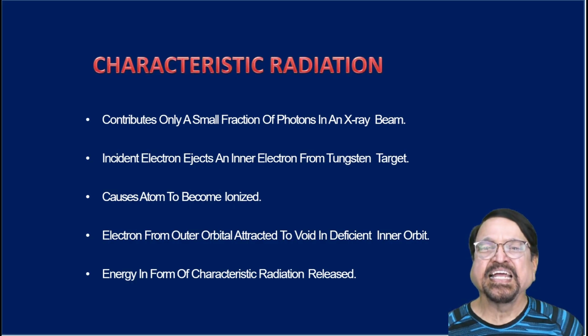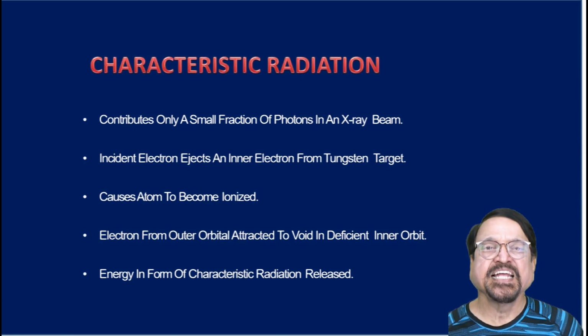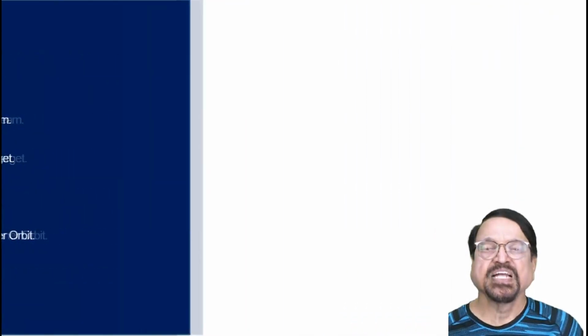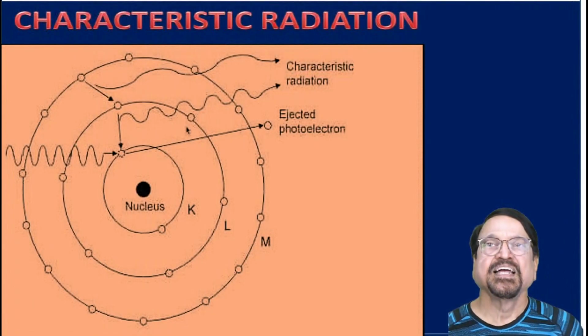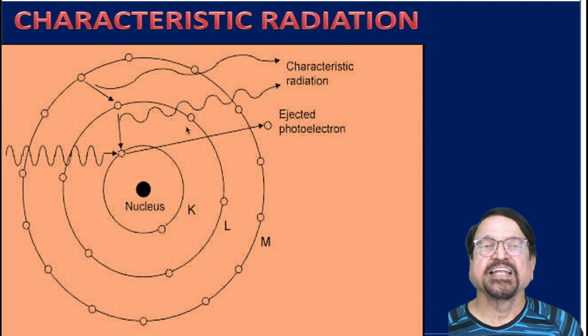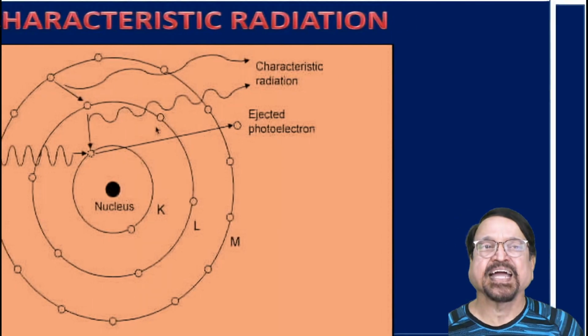Energy in the form of characteristic radiation is released in this process. Bremsstrahlung and characteristic are the two types of radiations we have seen. See how it is occurring with the help of the diagram. Whatever we discussed just now is shown in the diagram.